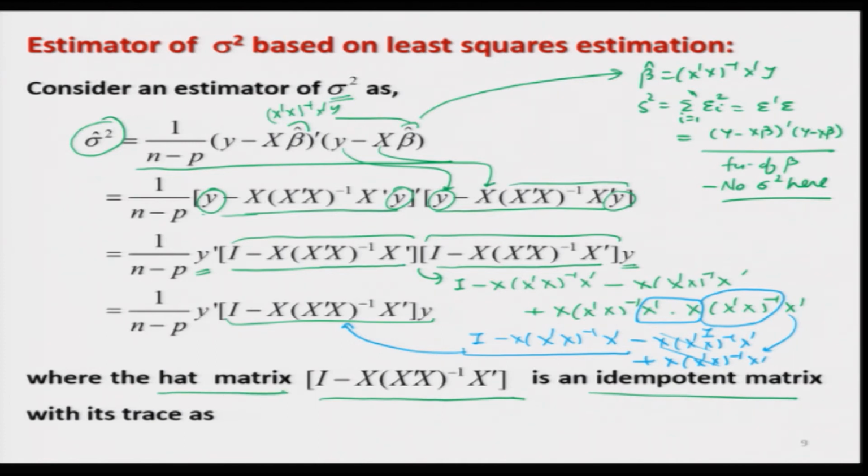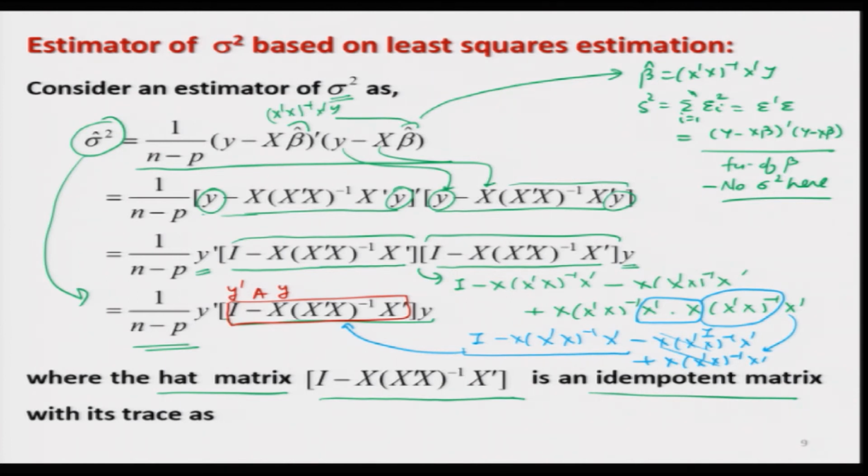So you can see this sigma square hat comes out to be 1 upon n minus p, y transpose I minus X (X transpose X) whole inverse X transpose into y. Do you not think this looks like a quadratic form, y transpose A y, where A is this entire matrix?